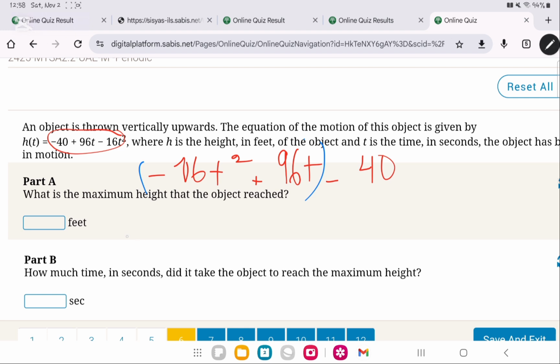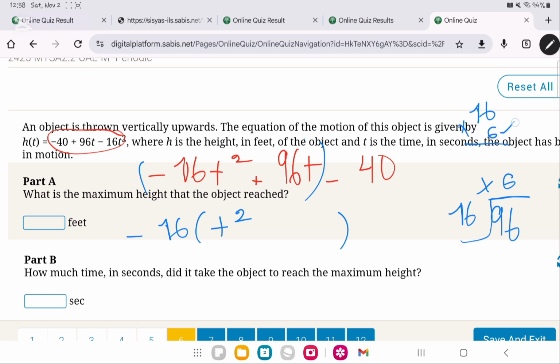So it's gonna be minus 16, okay? Then t squared. Then we're gonna do 96 divided by 16. I think it's 6. Let's try 6 times 16. So yes, it is 6.